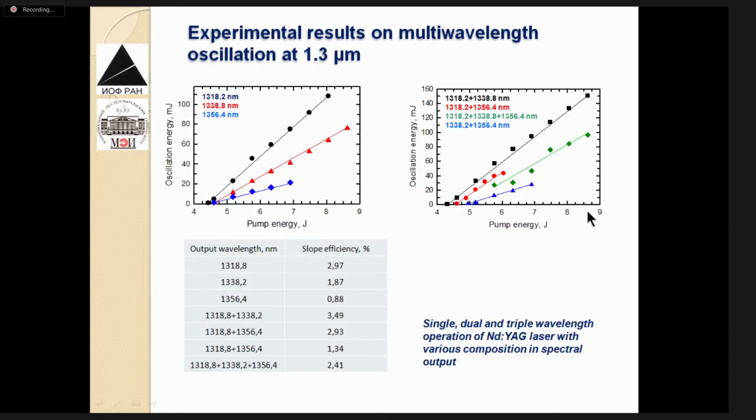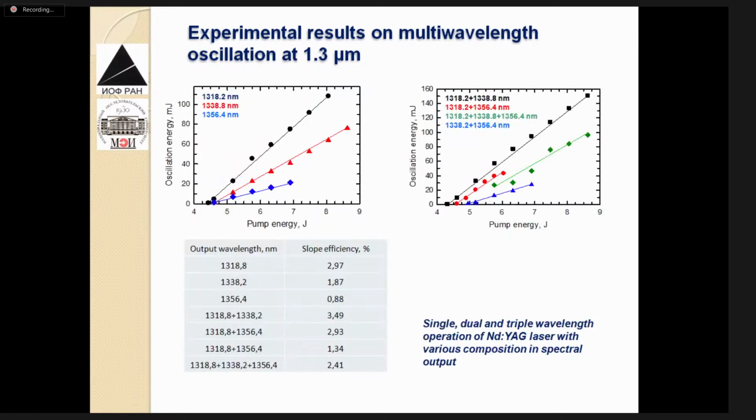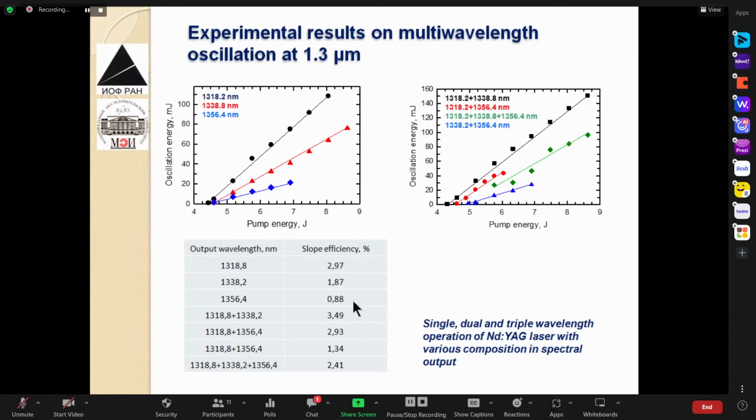The pump energy, that is the electrical pump energy brought to the diode bars of our optical chamber, so we can tell the efficiency from electricity in our case was maximum efficiency was 3.5%.